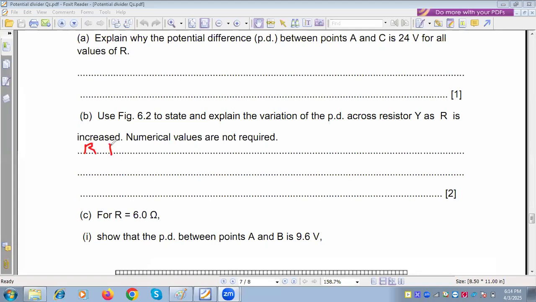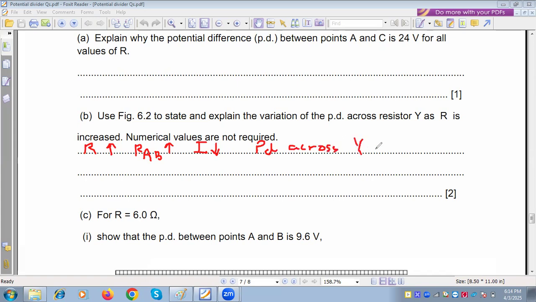R increases, RAB also increases. What will happen to I? It will decrease. And the PD across Y depends upon this I; the current is the same through both of them.